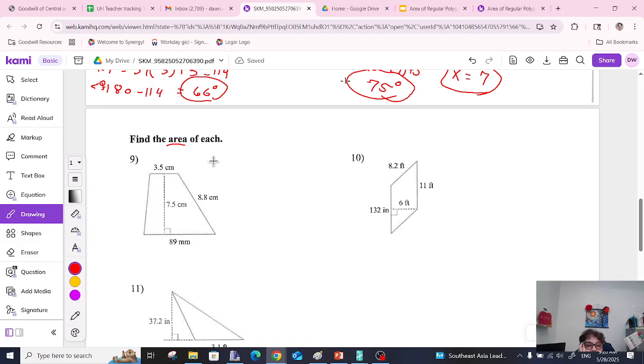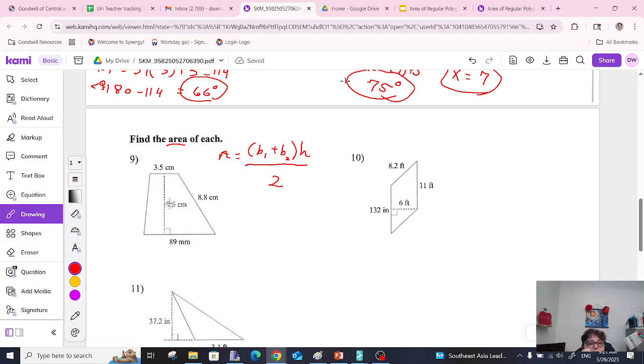This is a trapezoid. Trapezoid formula is A equals B1 plus B2 times height divided by 2. Very good. If I don't know what shape it is, it's pretty hard to figure out what formula to use.